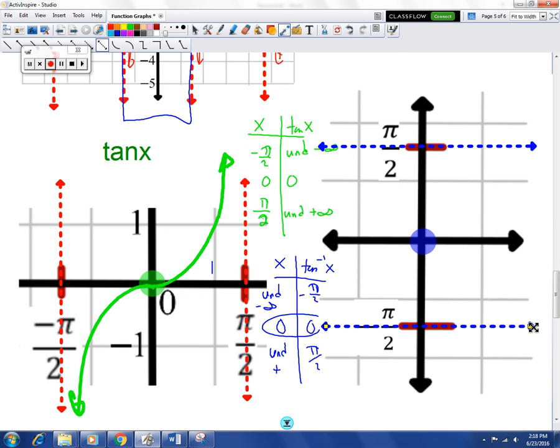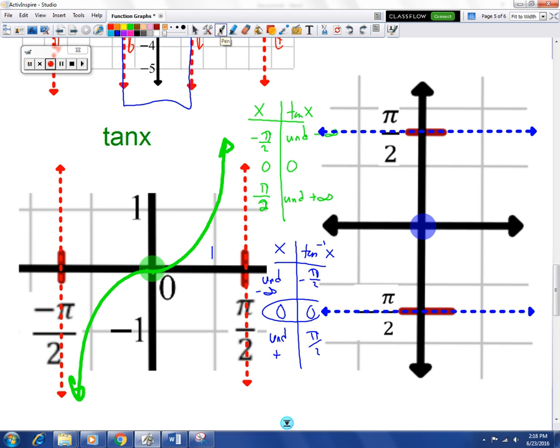Between 0 and negative pi over 2, we're going to negative infinity, so the curve will swoop down like that, and above it'll do the opposite, sweeping up like that. So that's an inverse tangent.